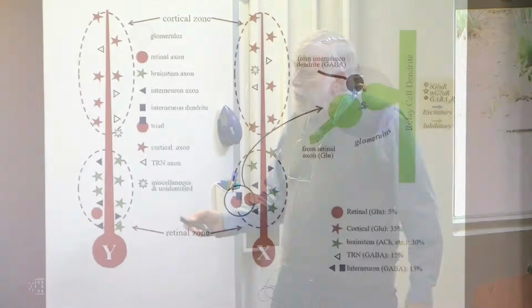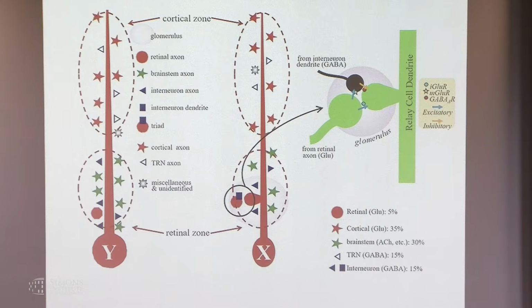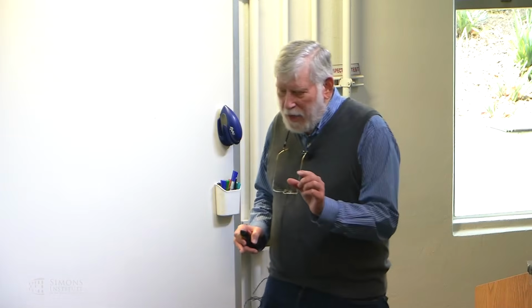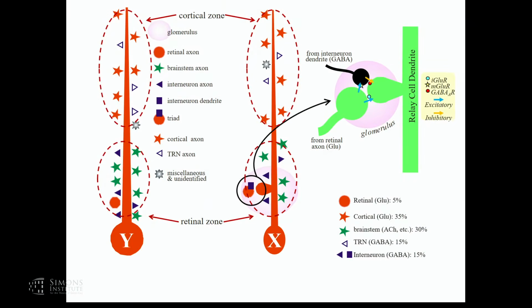Notice also the dendritic tree and where the inputs are coming in. Jeff made the point a couple days ago that there's surprising specificity in the way an individual axon will target some cells and ignore other dendrites from other cells, even though they're physically as close. There's specificity in cell-to-cell contacts, but the specificity goes even further than that, because there's a cortical zone that's innervated and a retinal zone that's innervated, and they don't overlap at all.